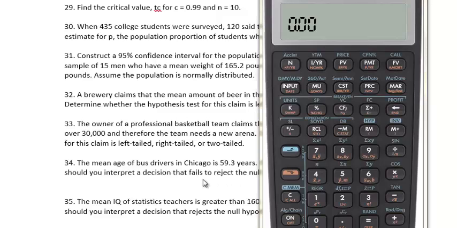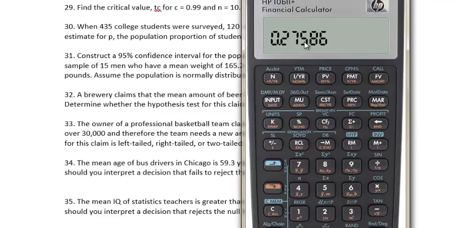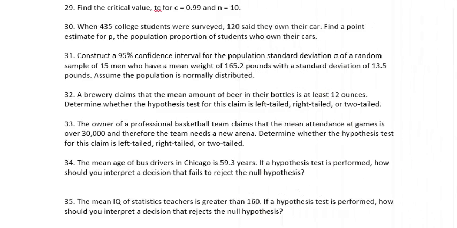If you want the percentage of students, you need the 120 divided by the 435. Obviously you can't get a number above 1 when you're talking about a percentage. So let's do 120 divided by 435, and what do you get? Looks like you get approximately 0.28. Or if you wanted to display it a little further out, it would be 0.275. You could round off to 0.276, or you could round off to 0.28. Any of those would be fine.